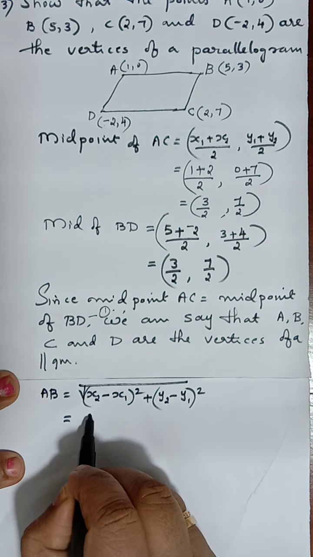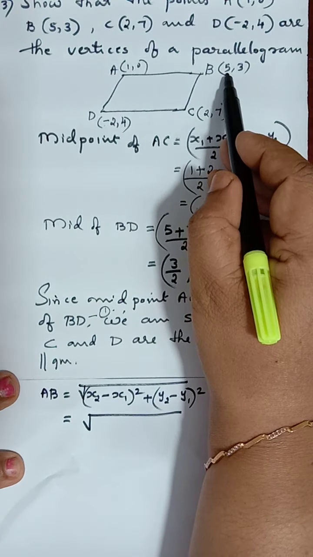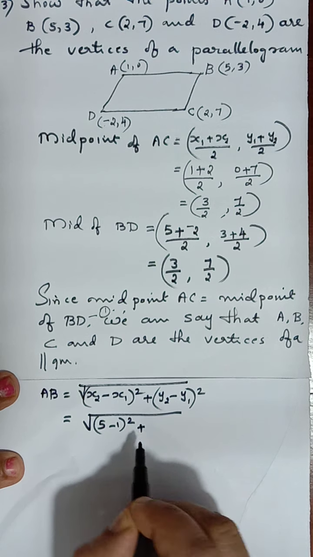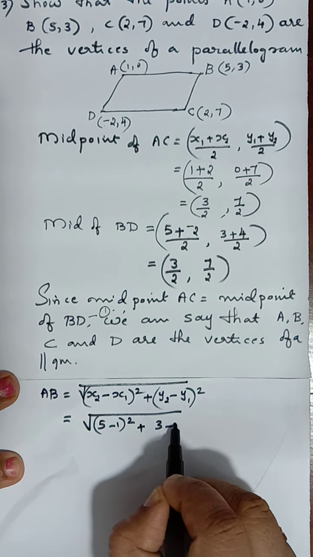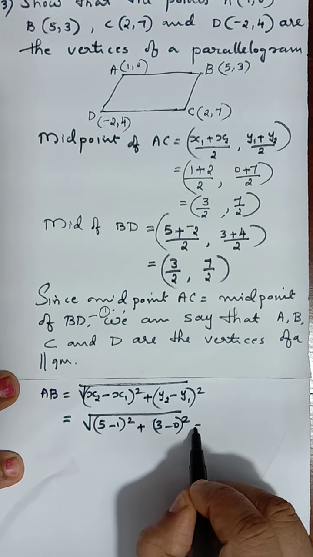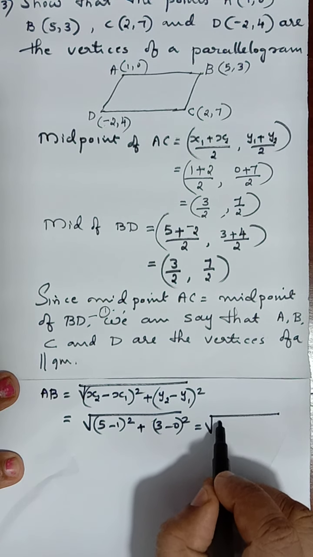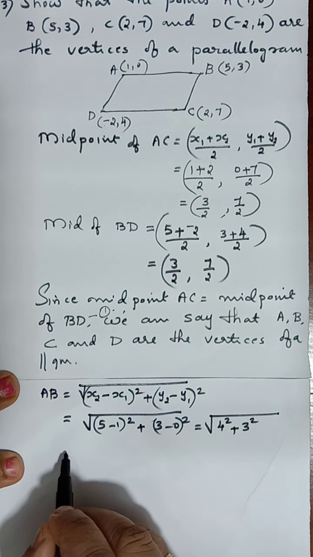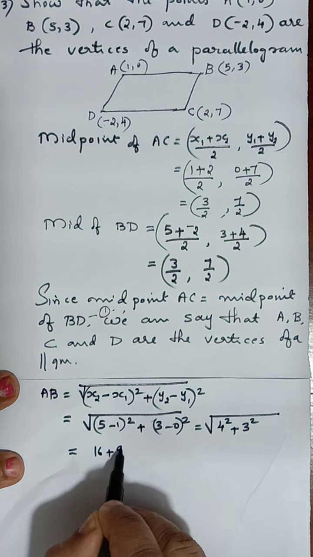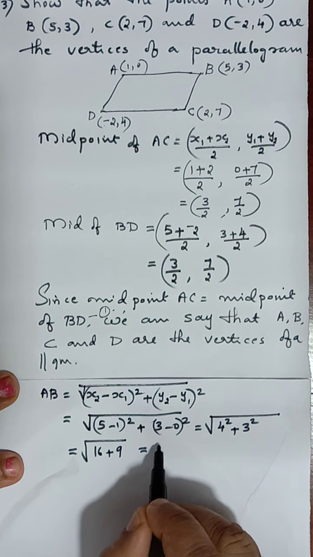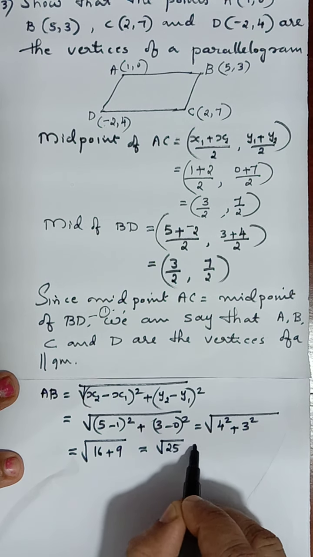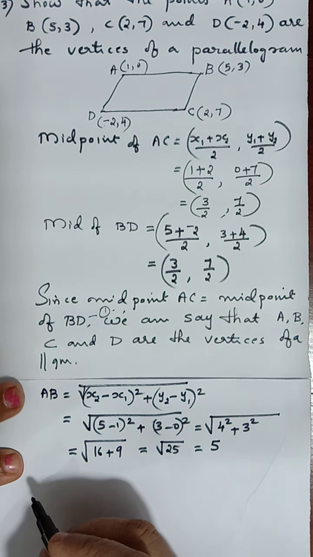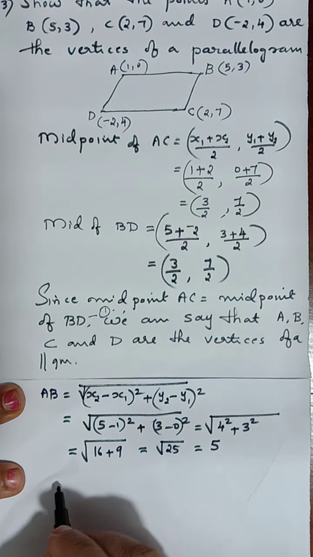That is root of 5 minus 1, 4 square, plus 3 minus 0, 3 square. 4 square is 16 plus 3 square 9. 16 plus 9 is 25. Root 25 will be 5 units or 5 centimeters. AB we got. The opposite side is CD.